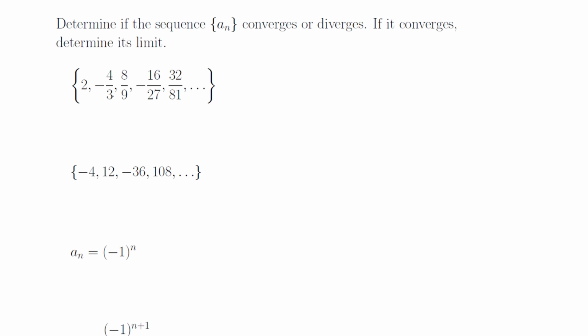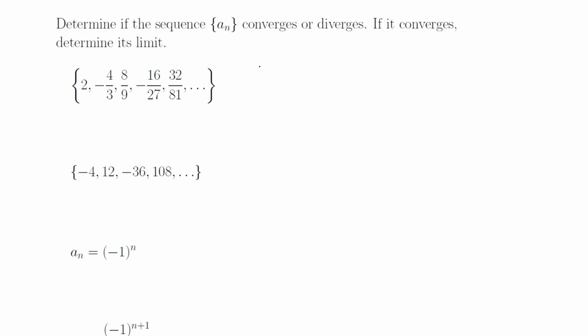How do we find the common ratio? Let's divide second by first, third by second, fourth by third. If they are the same, that's the common ratio.